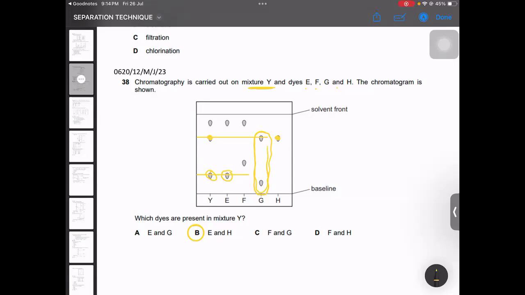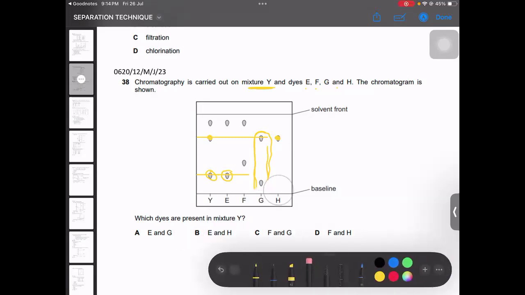So we have to match the RF values. As I told you, if copper sulfate is present in your biryani, the two RF values would be the same. The same goes for this question. We are supposed to look at those spots which have the same RF value, matching with this Y. Basically, Y is a mixture.